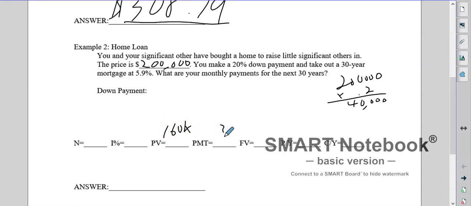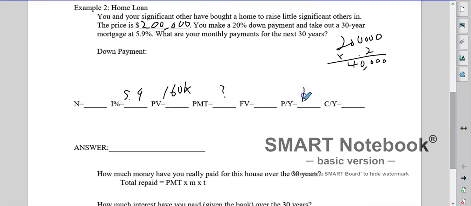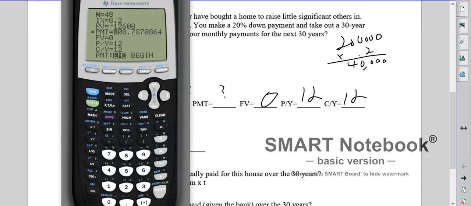Payment we're trying to figure out. This is 5.9 per usual. It's a monthly payment, and we want to pay off that loan. So N is 12 times 30, which is 360. Okay, so we go into our calculator, and some of this is changing, some is not. So this is 360, 5.9.